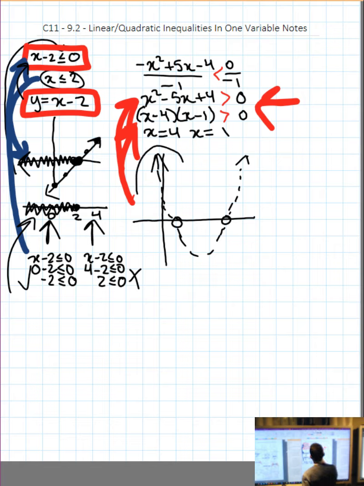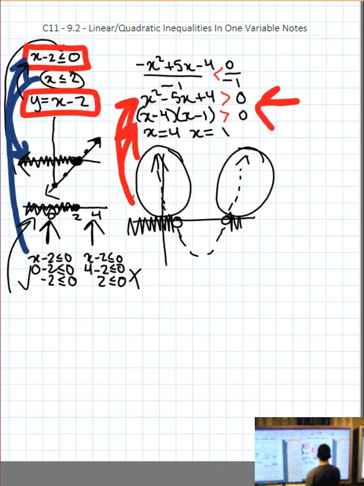In the graph, here and here. Now, we can just easily shade the x-axis in the direction of those parts.